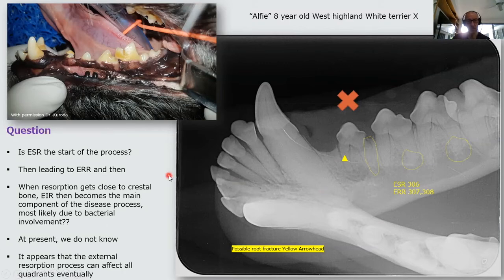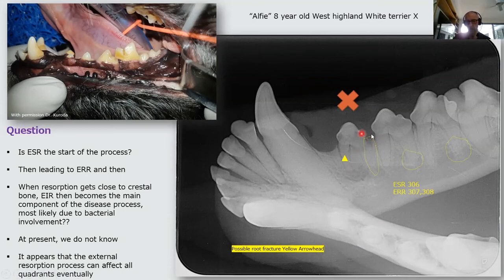Now, what we don't know is what starts the process, the cause, and we don't know how the process continues. So external surface resorption may be the start of the process, and this can lead to external replacement resorption. That's what we assume is happening. The inflammatory resorption becomes the main component of the disease when we get bacteria involved with the resorption.